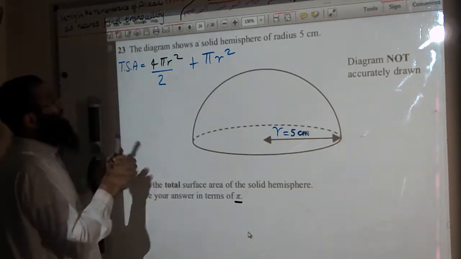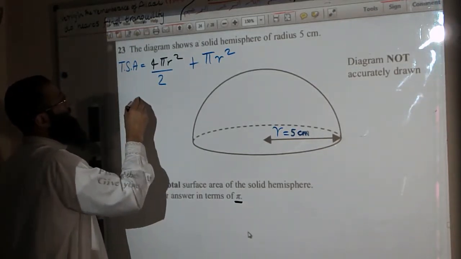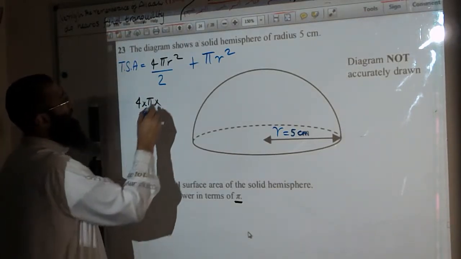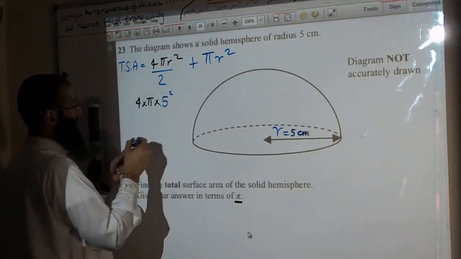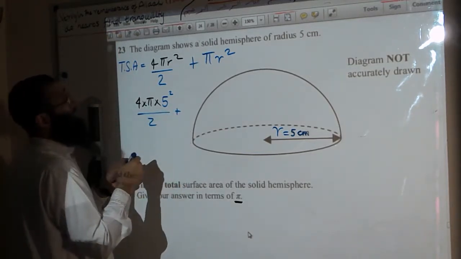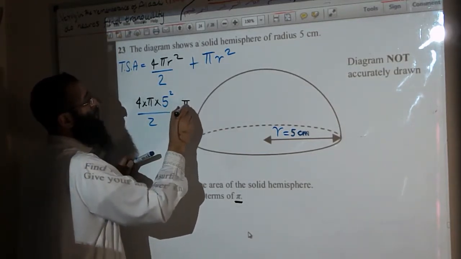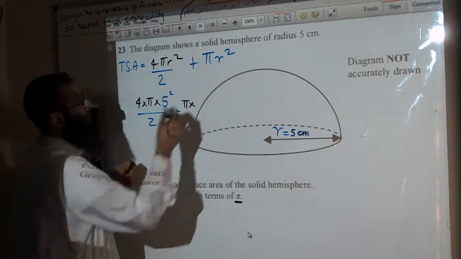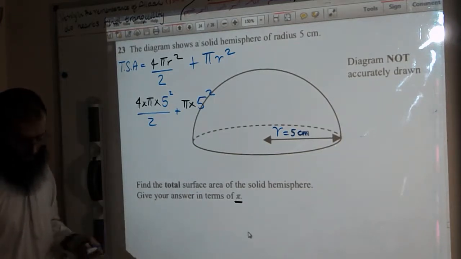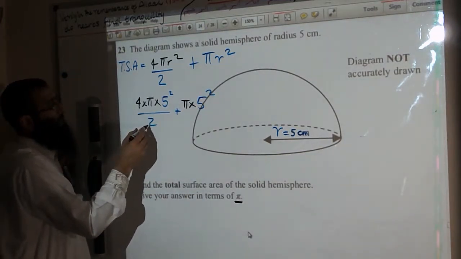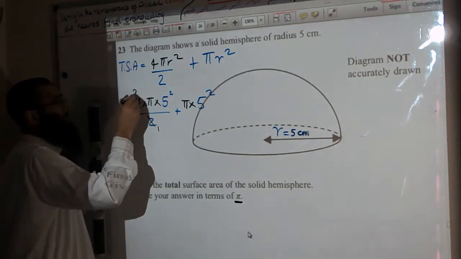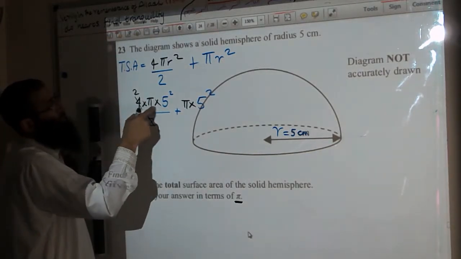So we're going to do 4 times pi times 5 squared over 2, plus pi times 5 squared. And what can we do with this 4 and that 2? We can simplify. 2 divided by 2 is 1, 4 divided by 2 is 2. So 2 times pi times 5 squared.